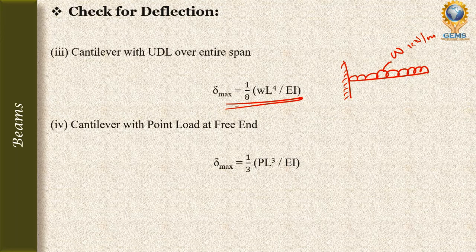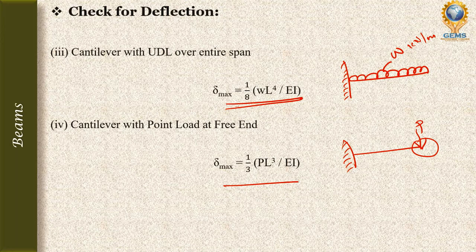If the same cantilever carries a point load at the free end, its deflection formula is 1 by 3 PL cube by EI. So these are some of the beams according to their loading condition, and we can find the deflections.